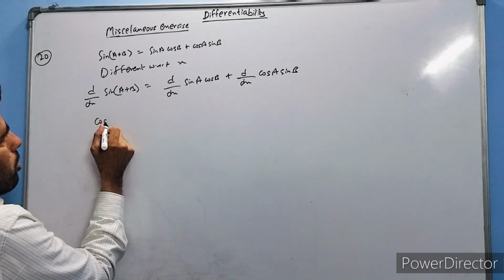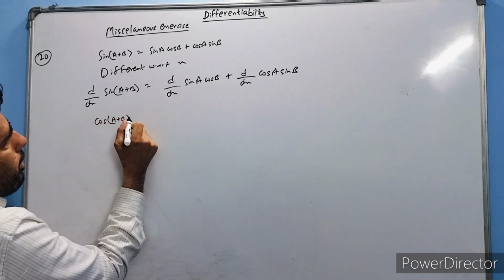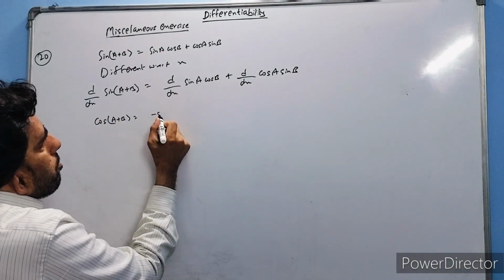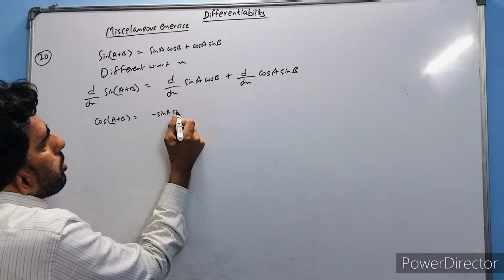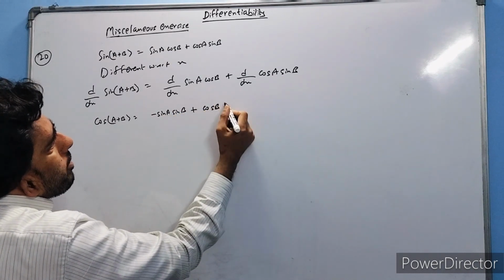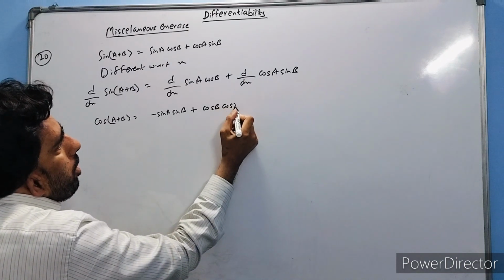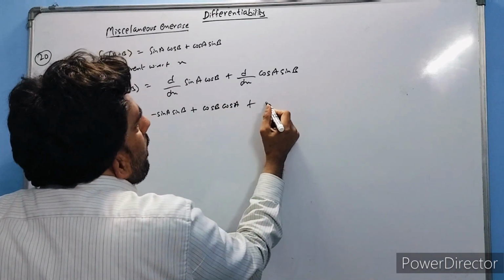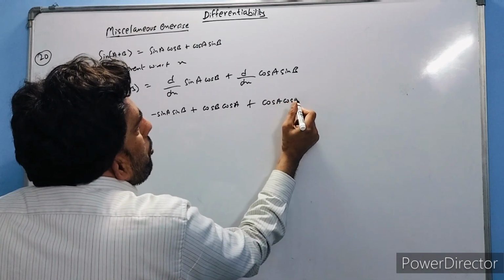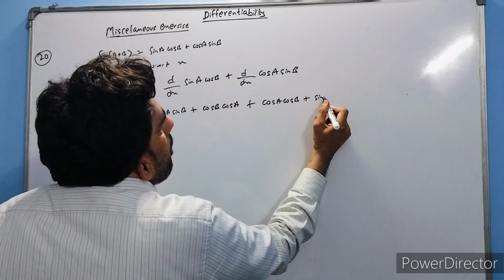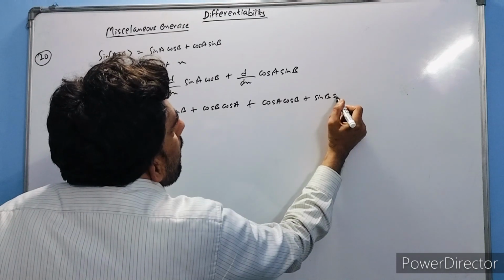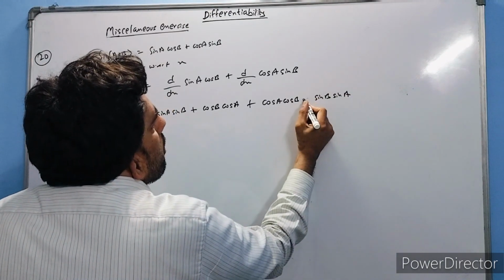Okay, so now let's differentiate. We have cos(A+B) is equal to, if I differentiate, sin A into the derivative of cos B, plus cos B times the differentiation of sin A, which is cos A. Then cos A into the differentiation of sin B, which is cos B. Cos A cos B plus sin B into the differentiation of cos A, which will be sin A, but here it will be negative.